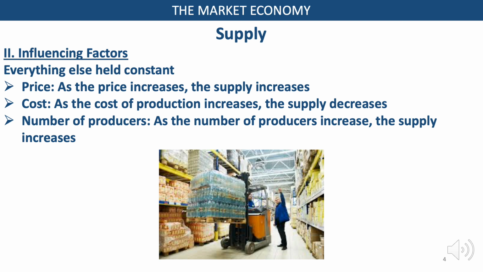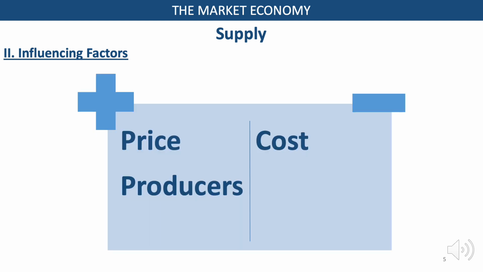The number of producers, of course, when we have a higher number of producers, then it means you will have higher supply. This is a representation of the relations between supply and its influencing factors. As you can see, the price and the number of producers have positive influences on supply, whereas cost has a negative one.